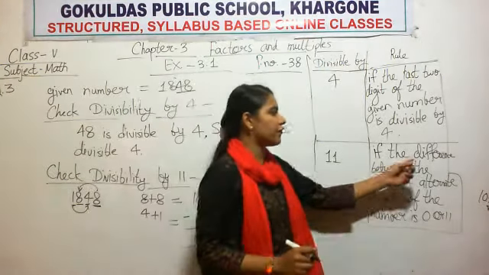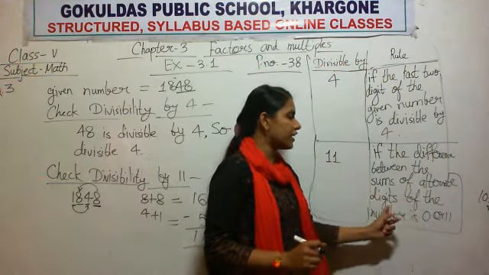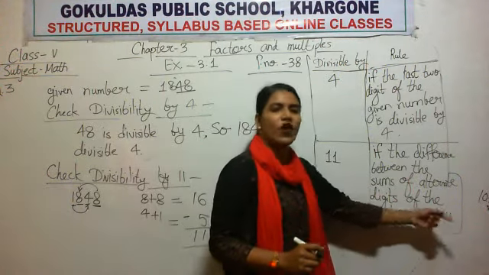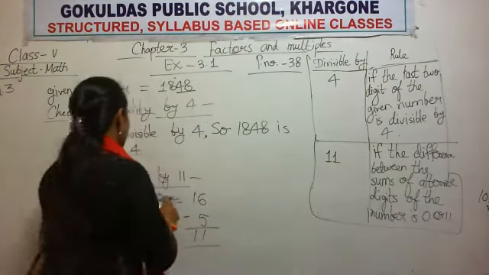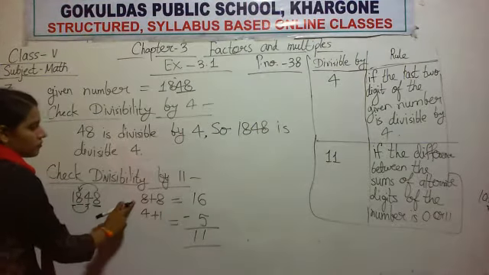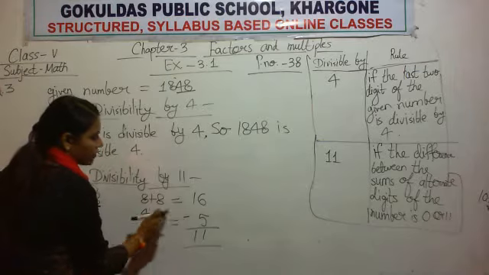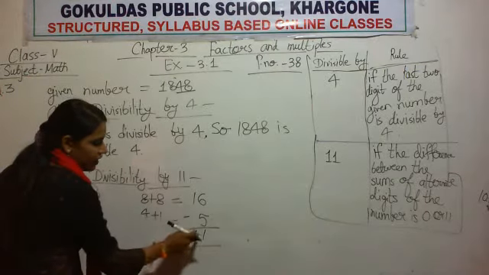Read the rule: if the difference between the sums of the alternate digits of the number is 0 or 11, then your number is divisible by 11. Here you observe that the difference of the sums of alternate digits is 11.